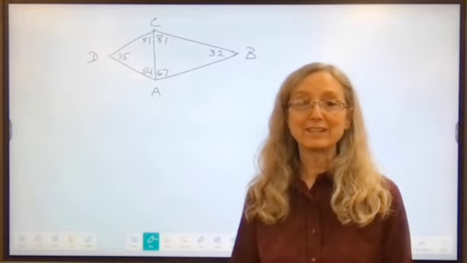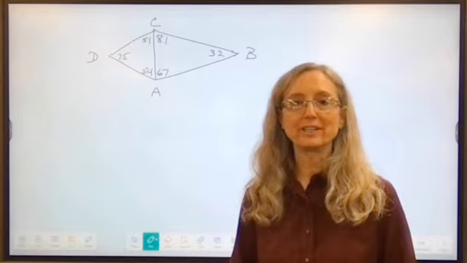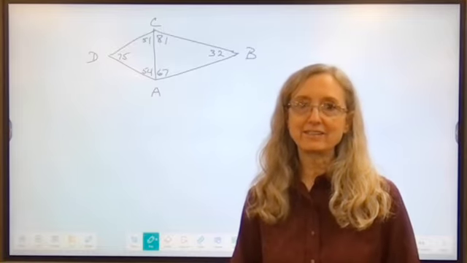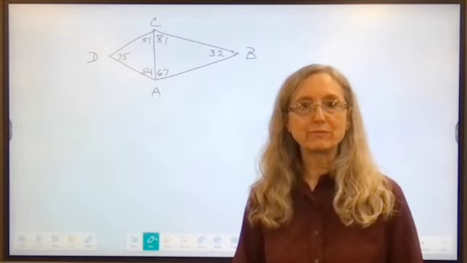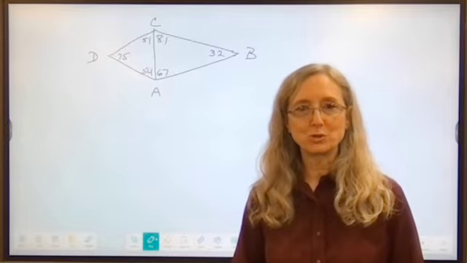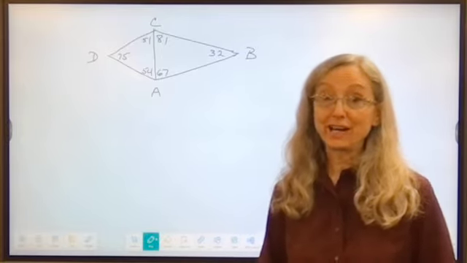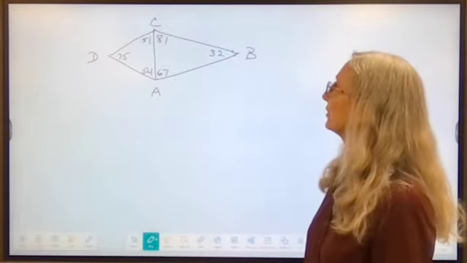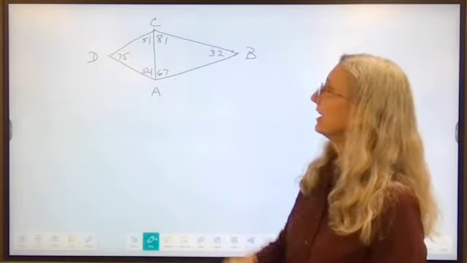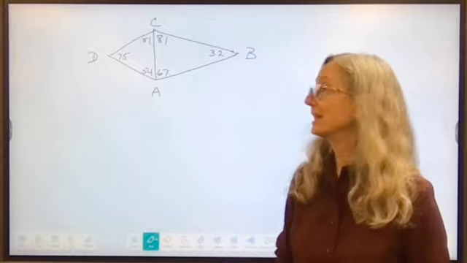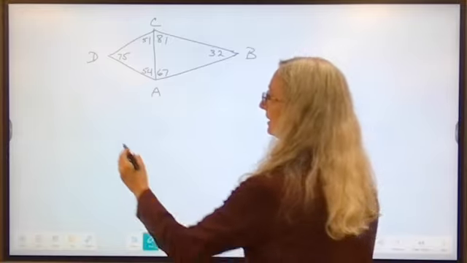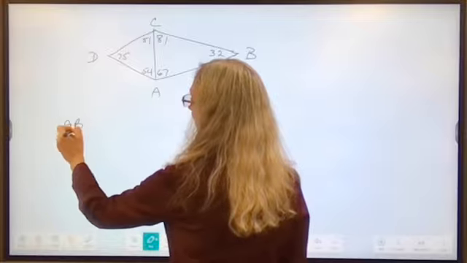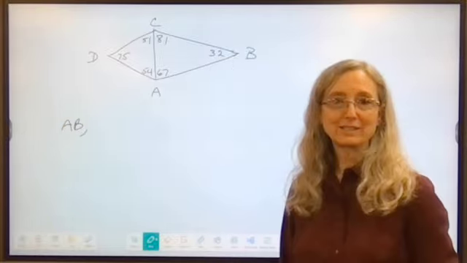Let's say you were given this illustration, this drawing, and you were asked to list the sides in order from the longest to the shortest. So to find the longest side, you would look for the greatest angle. The greatest angle is here, 81 degrees, and opposite that angle is side AB. So AB has to be the greatest side.